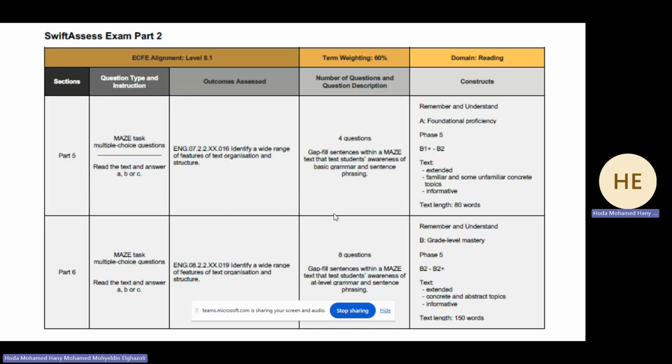Now, as for the reading section, you will have 2 maze tasks, 2 maze questions. The first part is going to be only 4 gap fill questions, only 4. And in the second one, it's going to be 8. You're supposed to choose the correct word to complete the sentences.